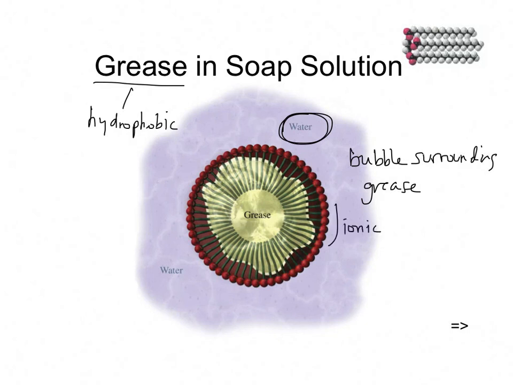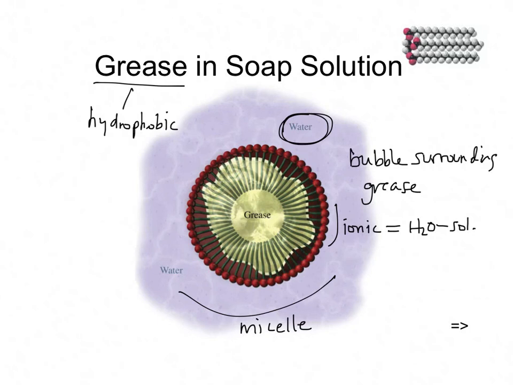And so the bubble as a whole is water soluble. This bubble thing right here is called a micelle, M-I-C-E-L-L-E. And this micelle, being water soluble, is able to dissolve into water, and when it does, it takes that grease with it, and away it goes.